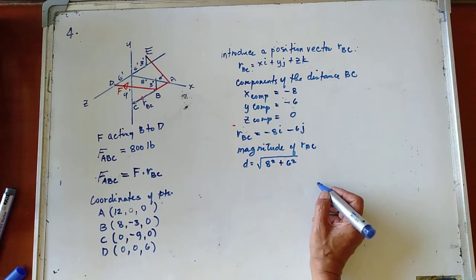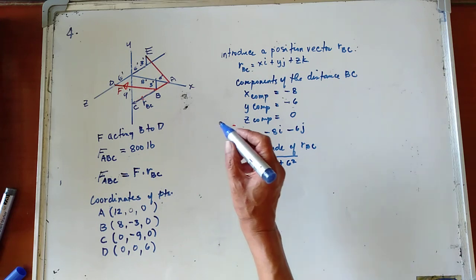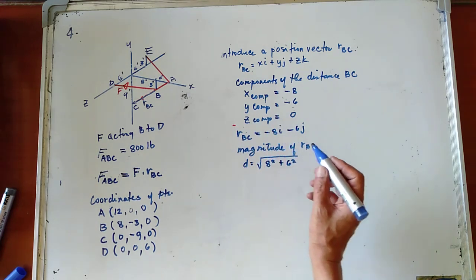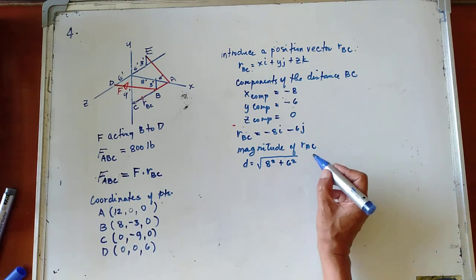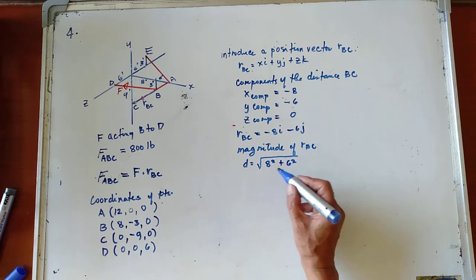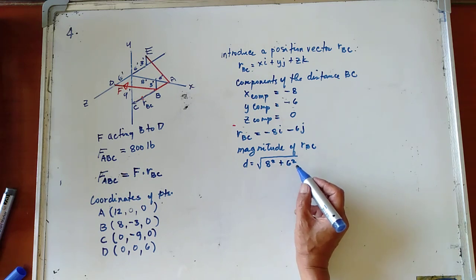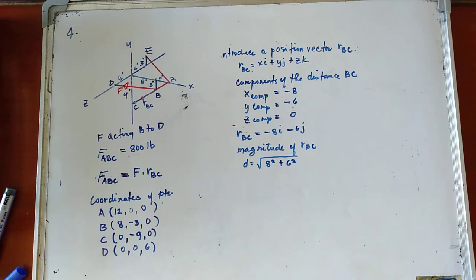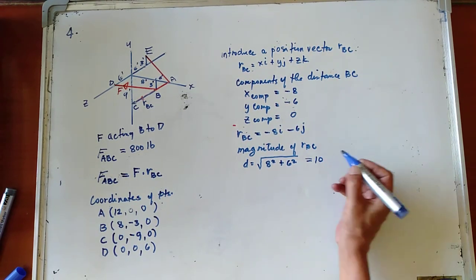And therefore the magnitude of the position vector RBC, the distance BC, is now equal to the square root of h squared plus 6 squared, and this is therefore equal to 10.